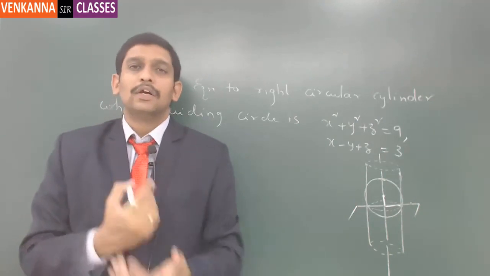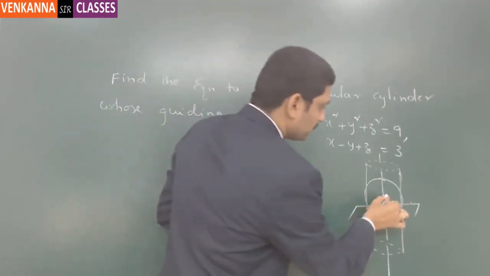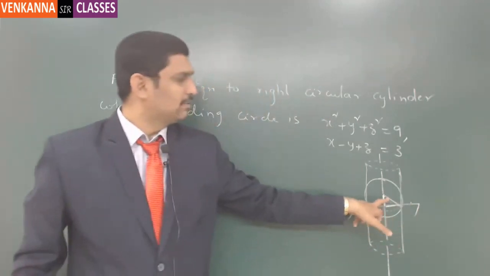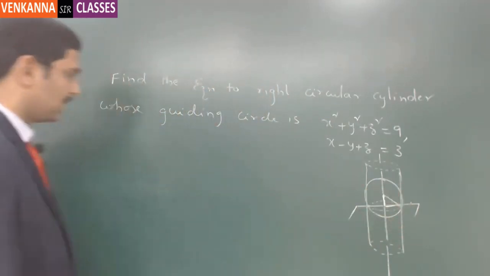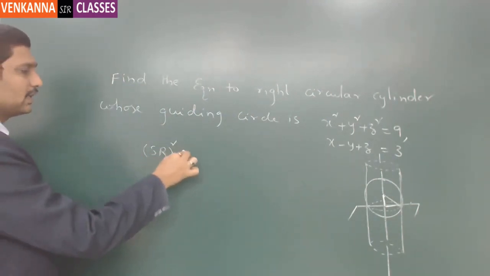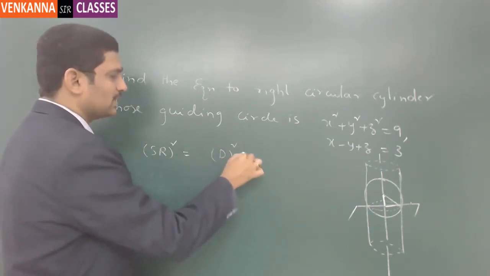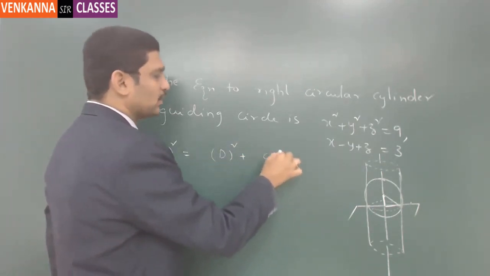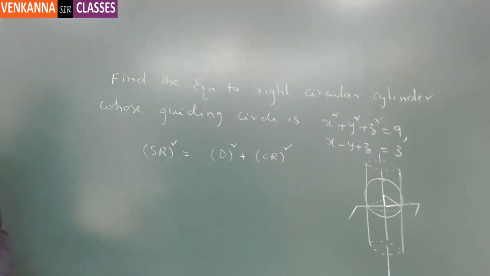Yes, using the Pythagoras theorem. So here, this is nothing but the radius of the sphere. So what happens? Sphere radius whole square is equal to distance whole square plus circle radius whole square. So what we are doing actually?